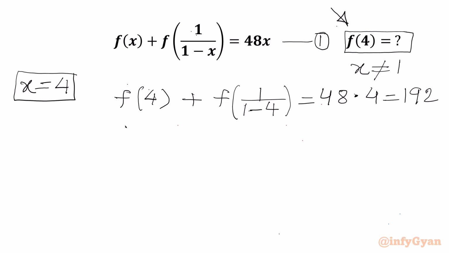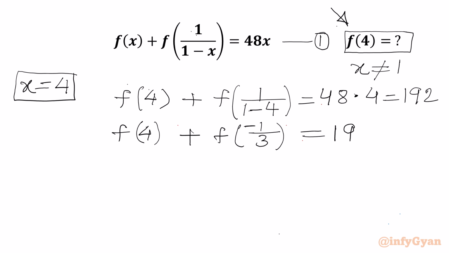So we will get our second equation f of 4 plus f of 1 over minus 3, or we can write minus 1 over 3. Right hand side is 192. This equation we will call equation 2.